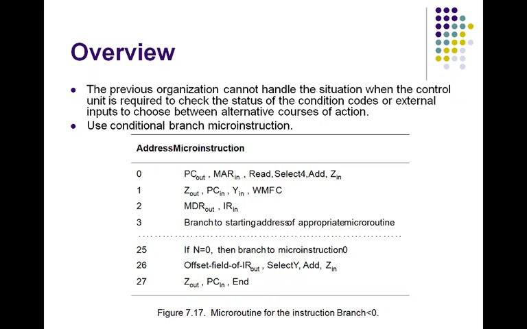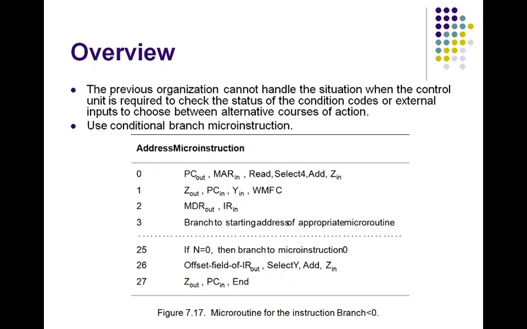After loading this instruction into the instruction register, a branch microinstruction transfers the control to the corresponding microroutine, which is assumed to start at location 25 in the control store.